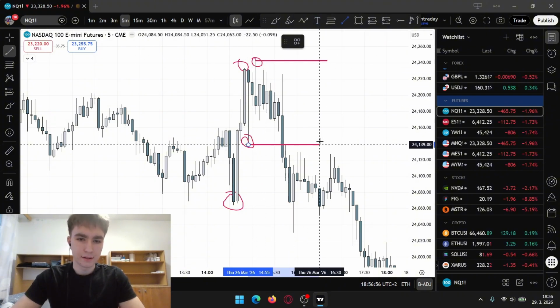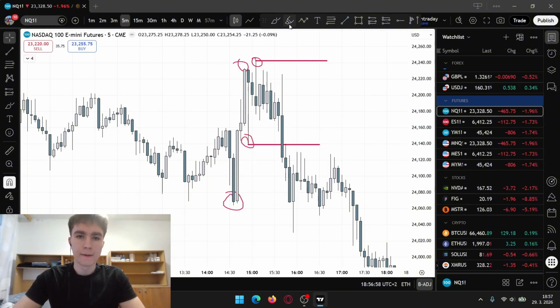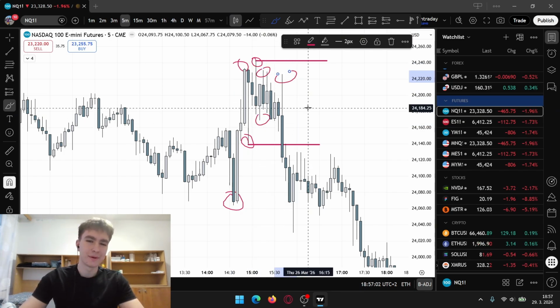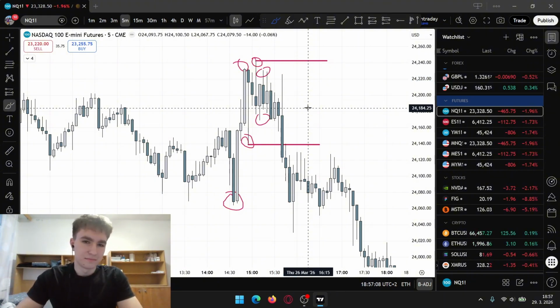Like these are the swing low and swing high, and what is happening between them doesn't really matter because it's just clutter. It's just that we don't mind it.